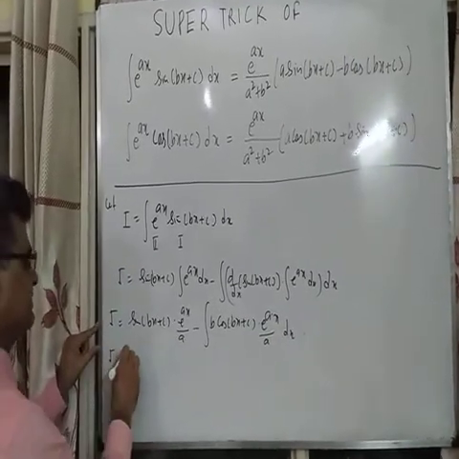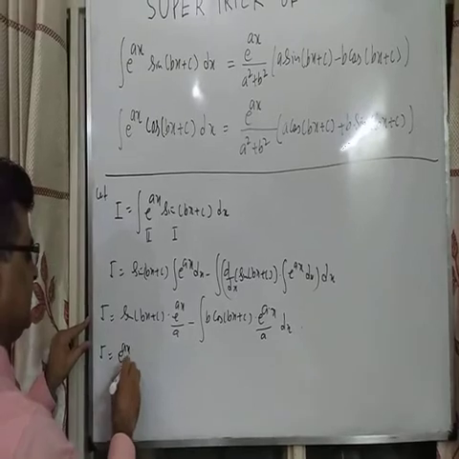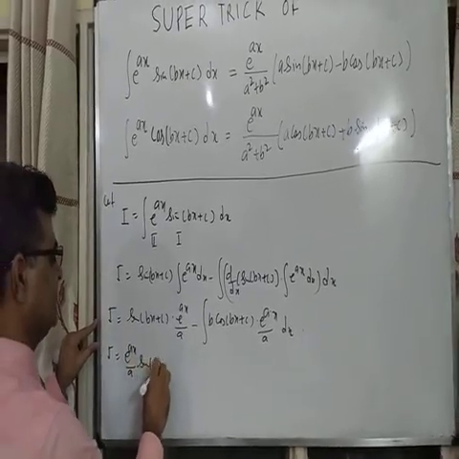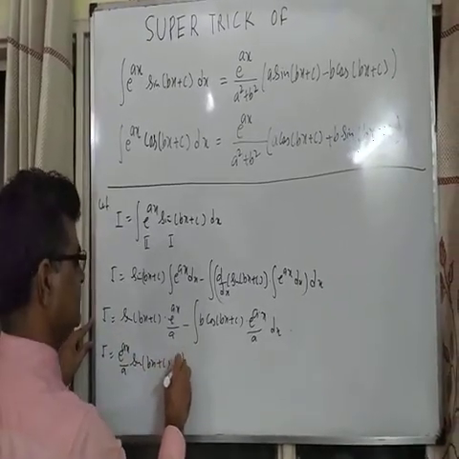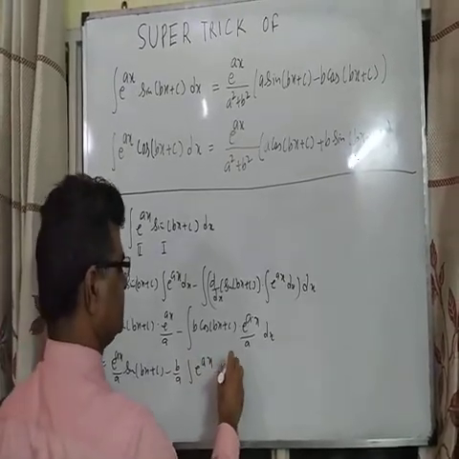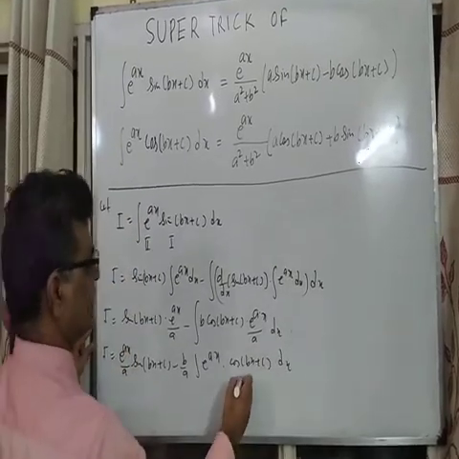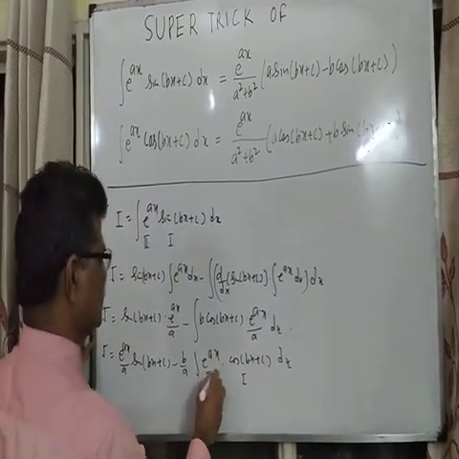So we have e to the power ax upon a times sin(bx plus c), minus b upon a taken common, times the integral of e to the power ax cos(bx plus c) dx. Again we take cos(bx plus c) as first and e to the power ax as second.